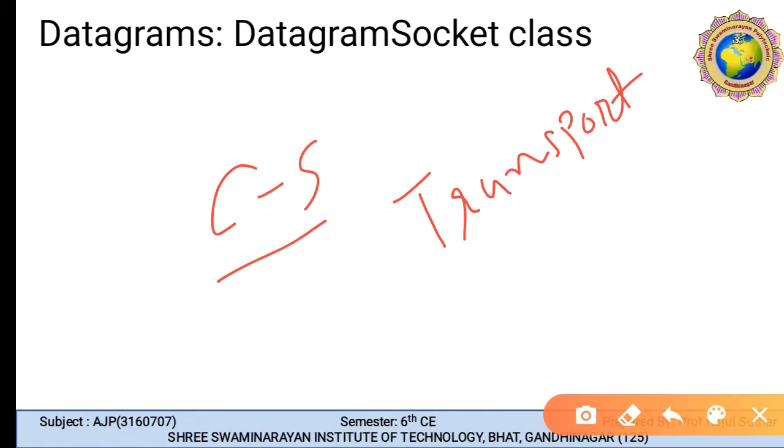And UDP was introduced in 1980 as a good alternative to the TCP protocol. The use of TCP and UDP is quite different, and that difference can be seen in the last semester, covered in subjects like computer network as well as mobile computing and wireless communication.